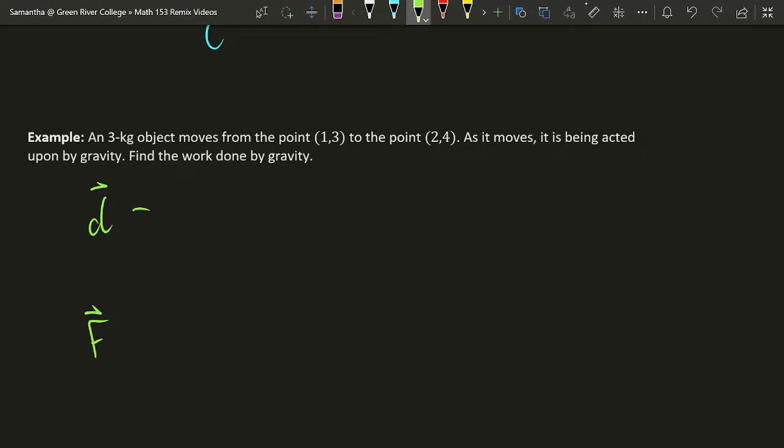And for displacement from one point to another, we know that we can find that vector by taking the final position and subtracting the initial position. And if we simplify that, we get the displacement vector (1, 1).